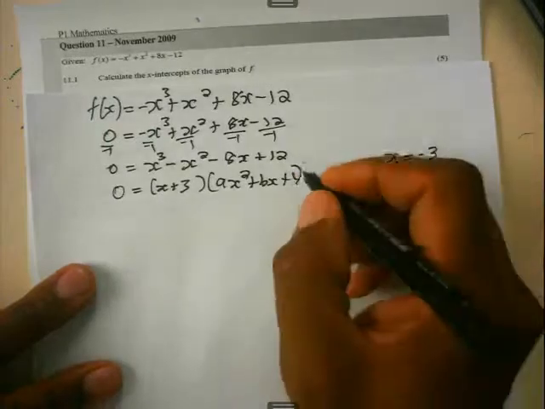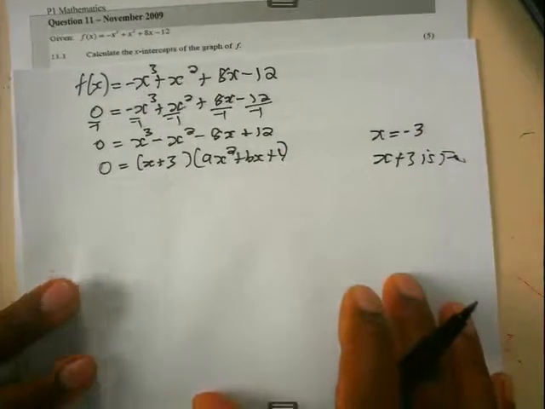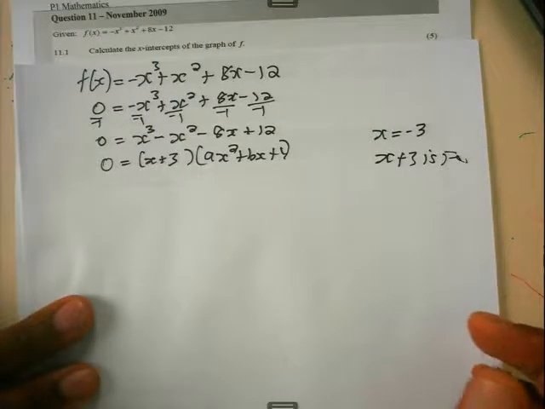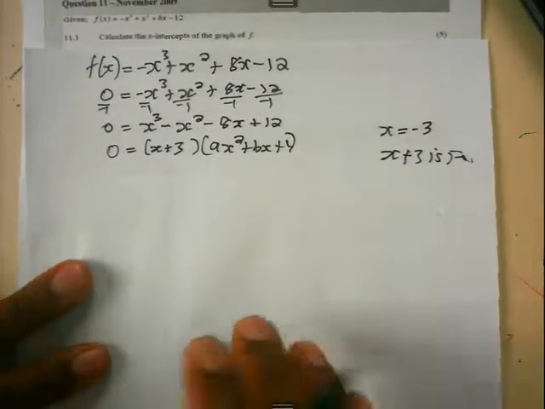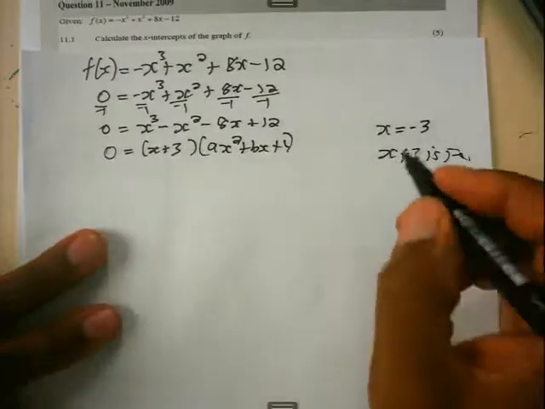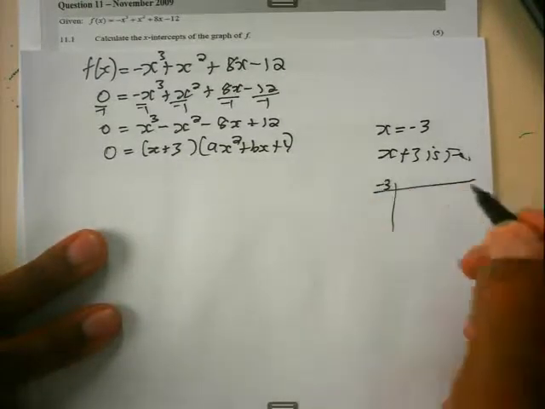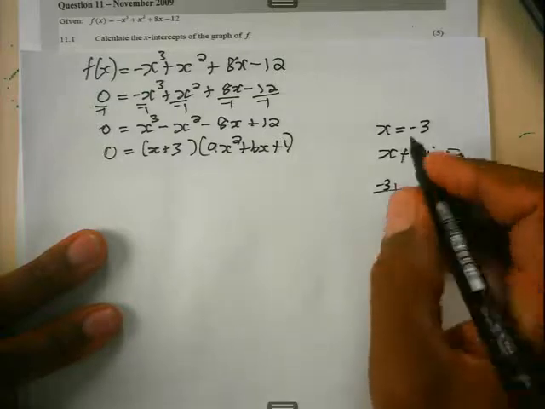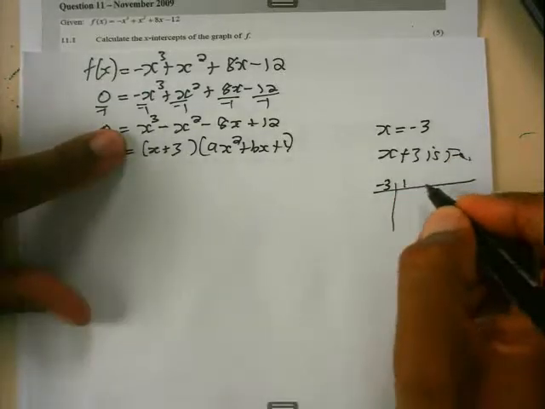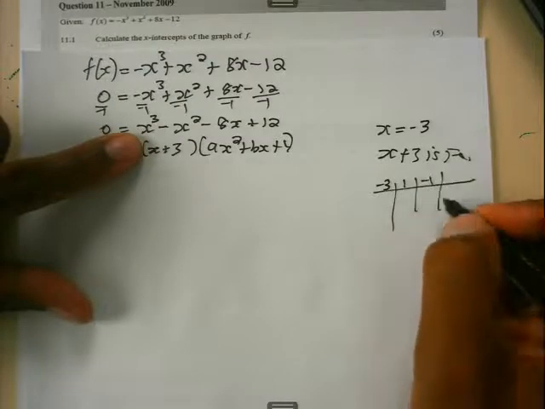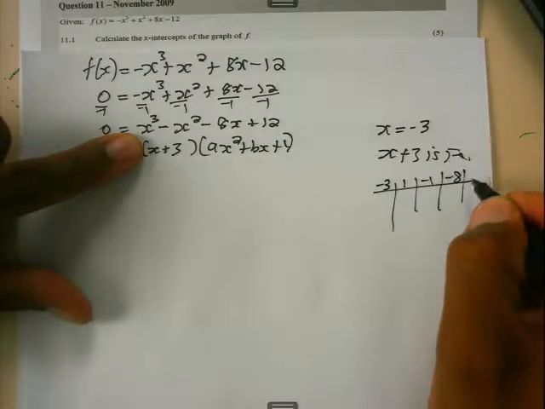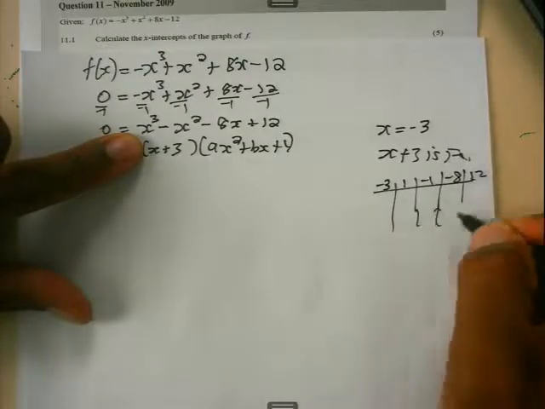Of course, boys and girls, there are many ways to solve this problem on this side. Others are comfortable using the long division method. Let us see how we can find this one here. Here I will put my factor, minus 3. And now we take the coefficients 1 and minus 1, as well as minus 8 and positive 12.